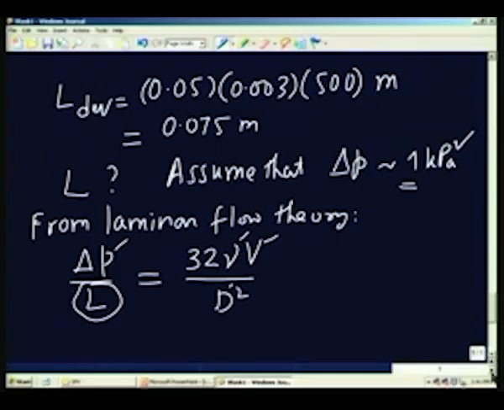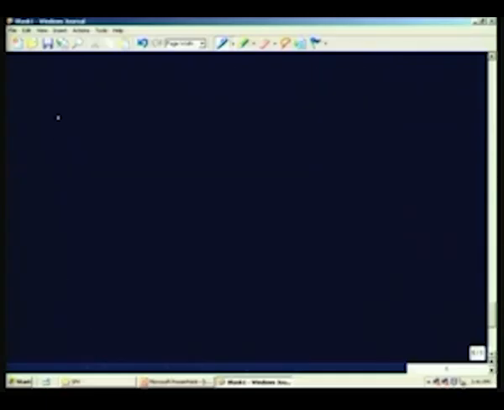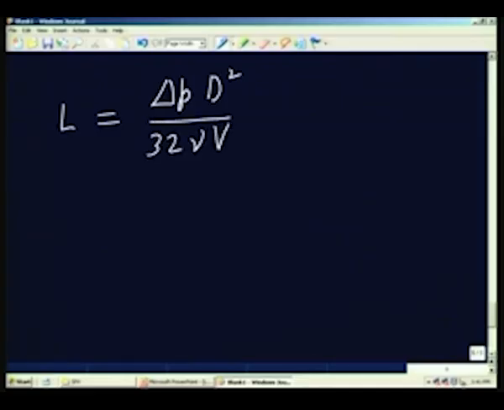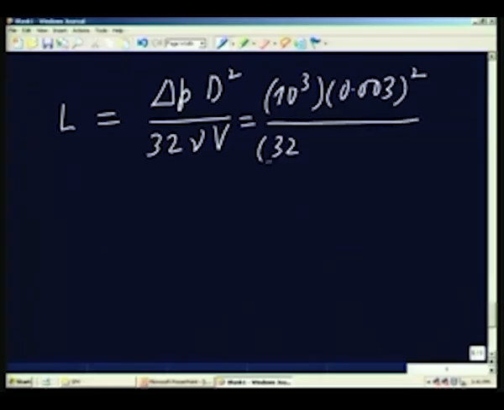So let me just do the calculation. L will be equal to delta P into d squared divided by 32 nu V, by rearranging that formula. Delta P is 1 kilopascal, which is 10 to the power of 3, d squared is 0.003 whole squared, divided by 32, nu is 10 to the power of minus 6, multiplied by V, which is 0.167.